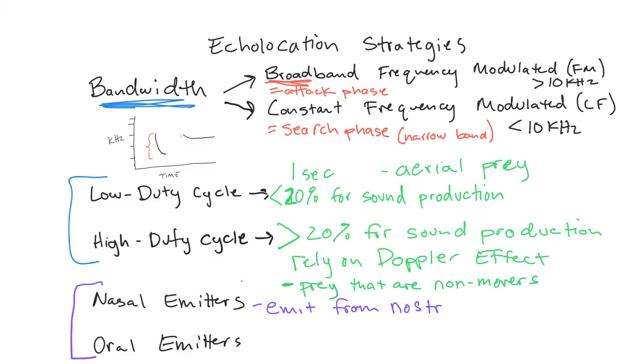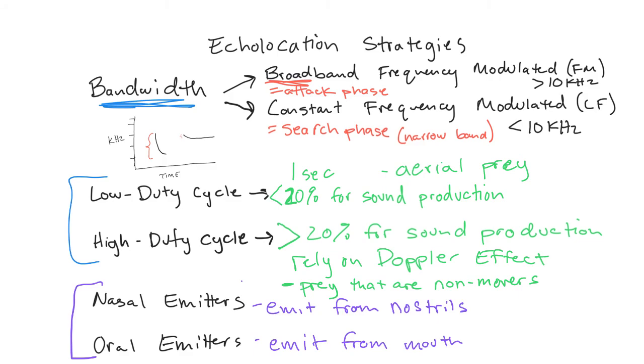Right? And then oral emitters emit the sound from their mouth. Now, both of the sounds still come from the vocal cords. It's just either going out of the mouth or going out of the nose.